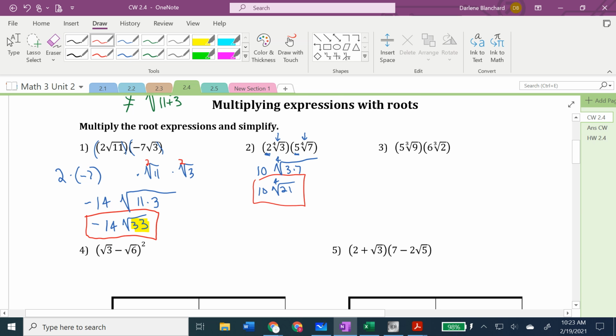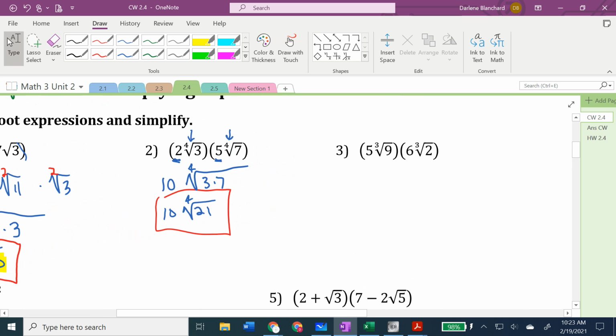And then number 3, again, if it's not inside the root, you can multiply together. 5 times 6. If it is under the same index, both are 3 indexes, then you can go ahead and multiply. 9 times 2 is 18.